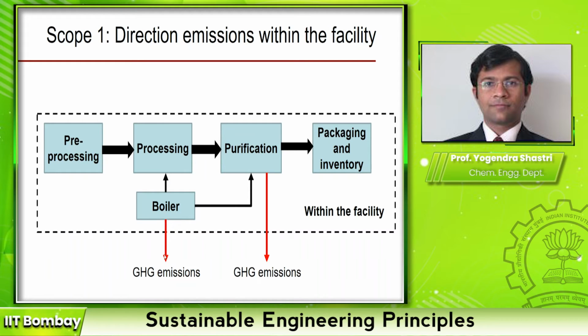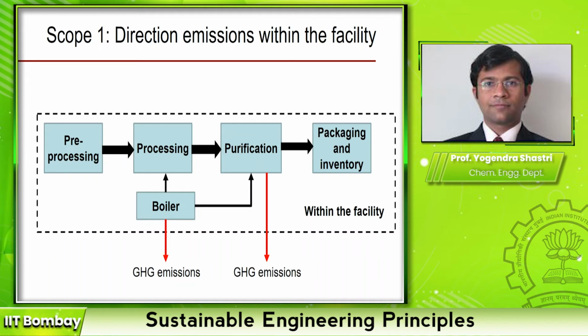So these are the GHG emissions. It is possible that during the purification process or some of the other processing steps, additional greenhouse gases might be generated. So because these emissions are happening within the boundary of the facility, they are classified as scope 1 emissions.